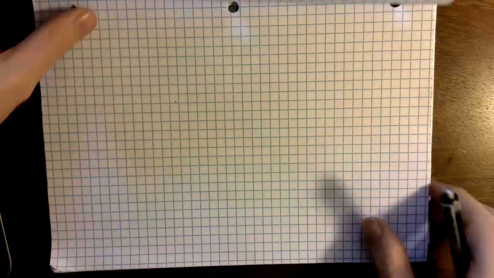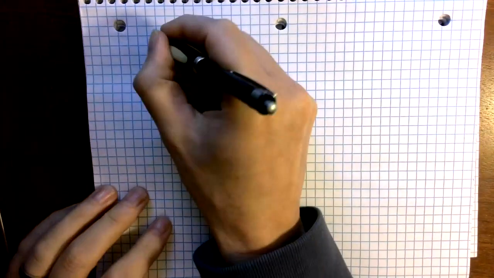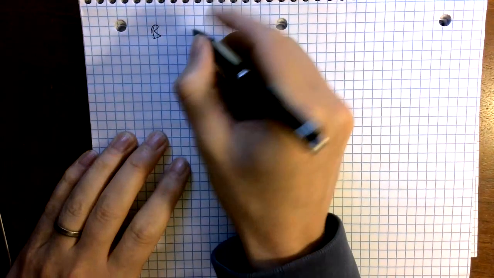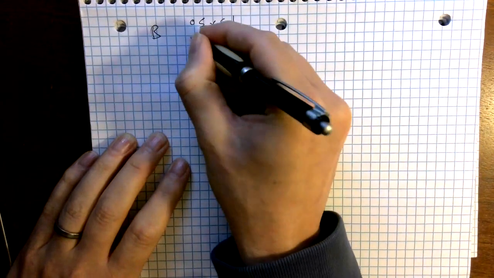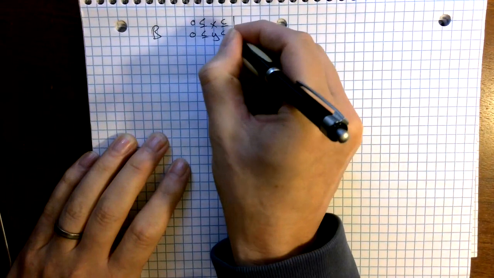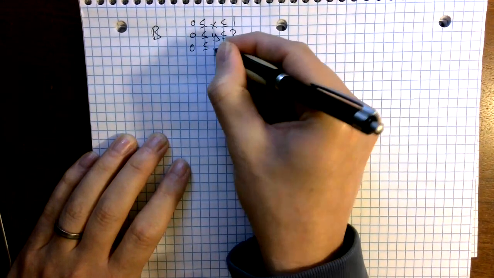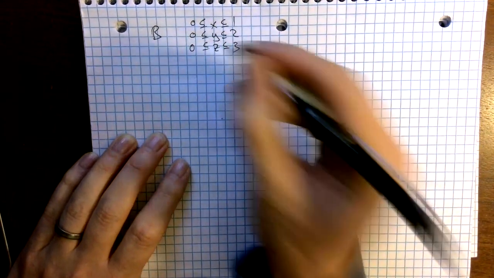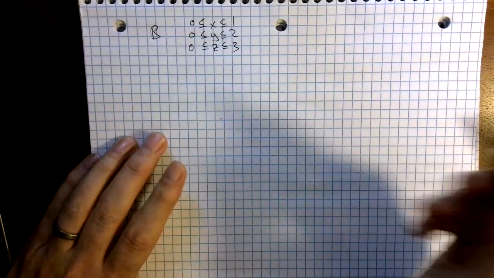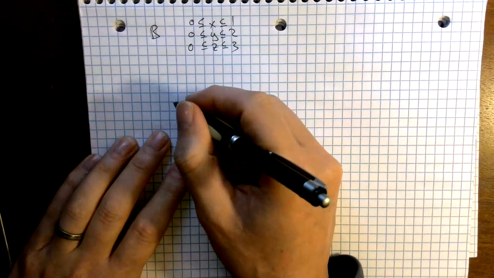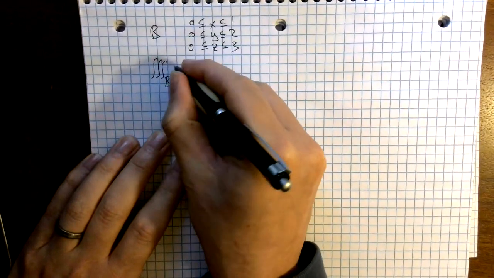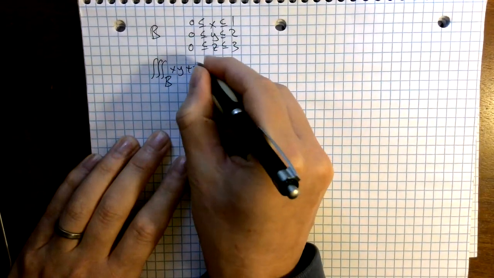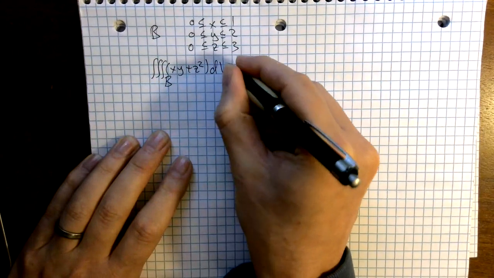Let's do an example. Suppose that the box is x between 0 and 1, y between 0 and 2, and z between 0 and 3. A simple box. And let's do the integral over B of xy plus z squared dV, right?